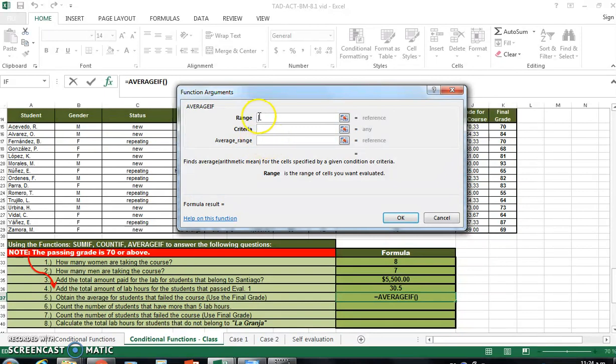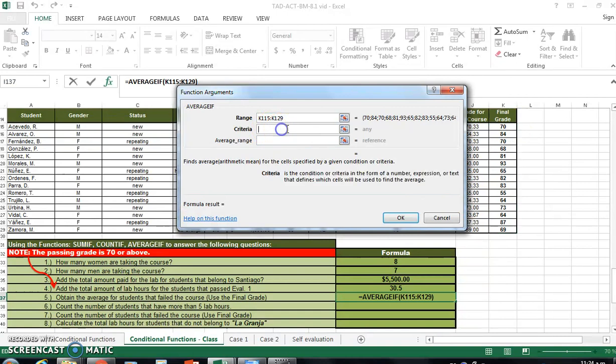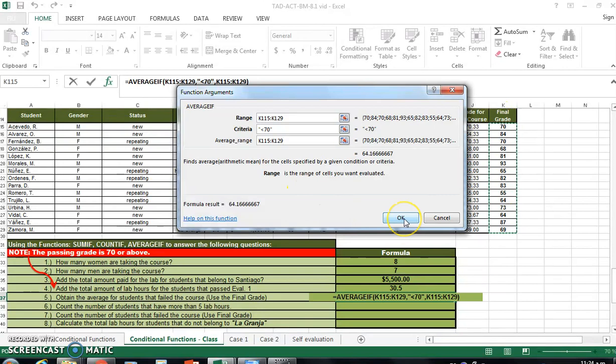So in this case, our VIP range of cells and the range of cells to average are the same. Then, obtain the average for the students that failed the course. So, using the final grade, just consider the ones who failed the course, which is less than 70, and average the same thing. And then OK.